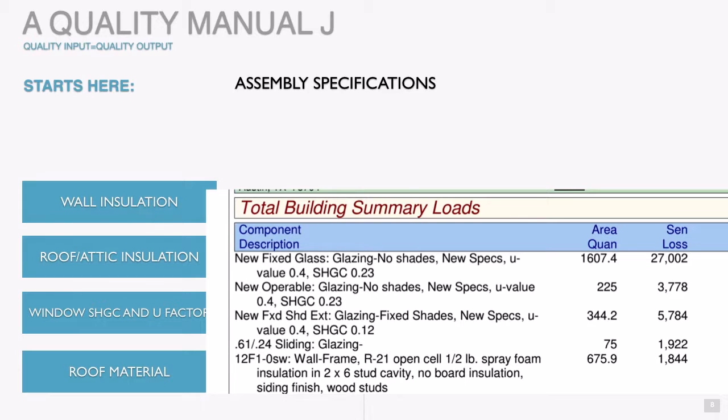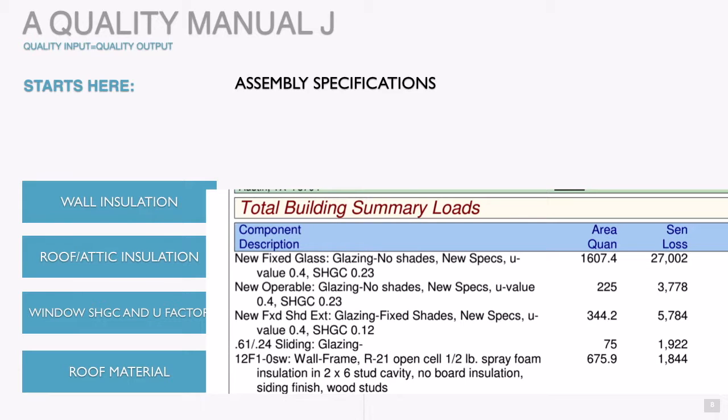Wall insulation and assemblies. The one thing I'll say about that, that's not self-explanatory maybe, is that we're seeing a lot of buildings that have a ton of glass and metal in them.